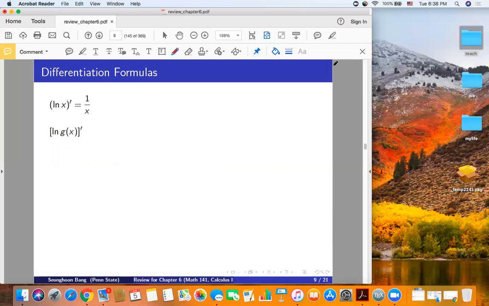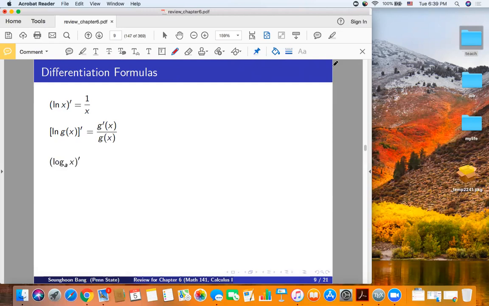Do you know ln of g of x prime? G prime of x over g of x, you're right.